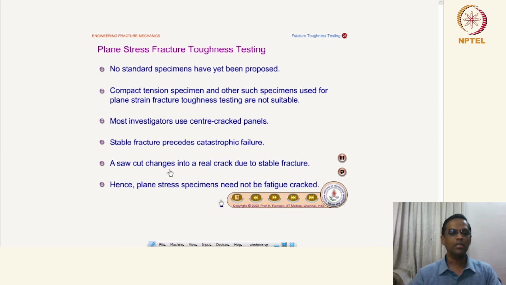A notch changes into a real crack due to stable fracture. Hence, the plane stress specimens need not be pre-cracked. Since this is still under development, and we are not primarily practicing in an engineering setup, I'll leave it here and move on to our next topic.